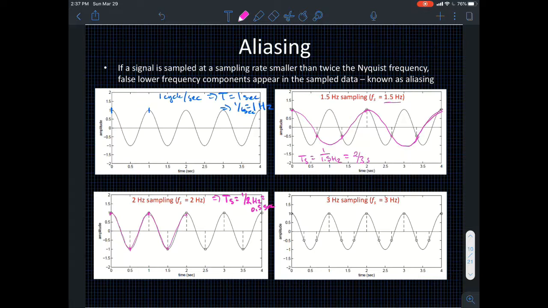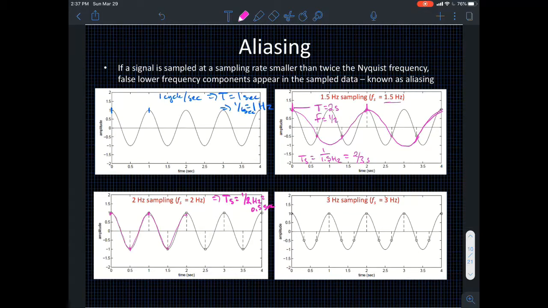And what this does is it actually changes the way the frequency from our actual signal looks. This signal has a period that goes from there to there, and we would say that period is actually, what is that, 2 seconds? So T there equals 2 seconds. So then our frequency is going to be 1/2.